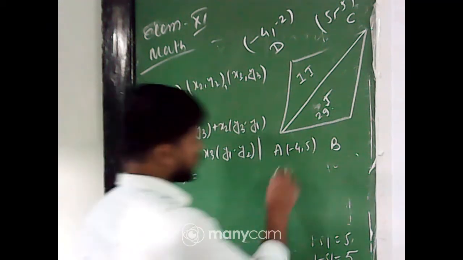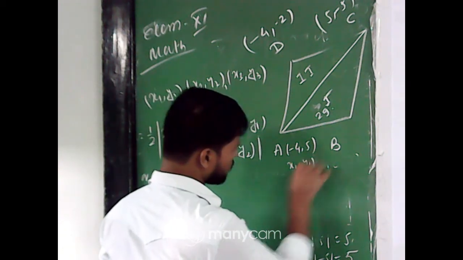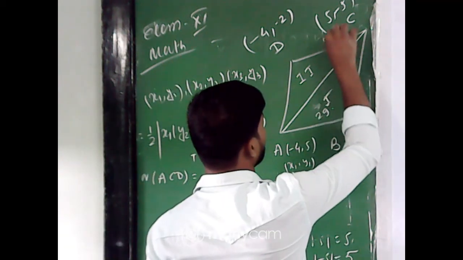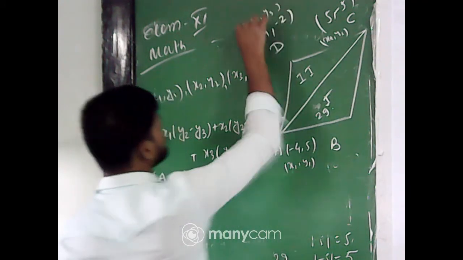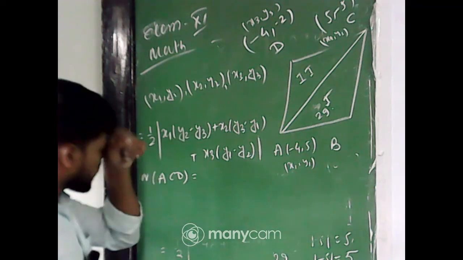So this is our x1 y1 point, this is our x2 y2 point, and this is our x3 y3 point. Now apply the same formula to find the area.